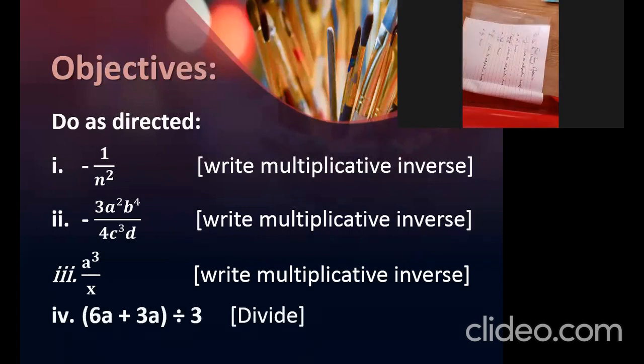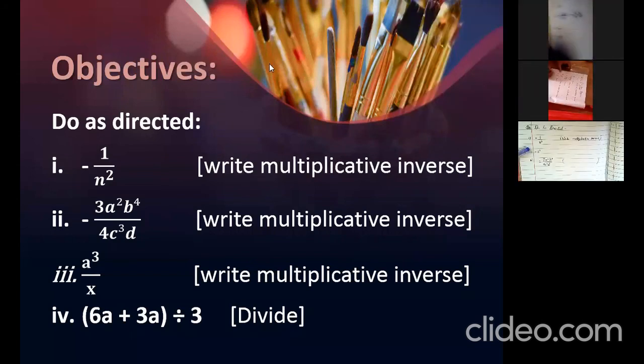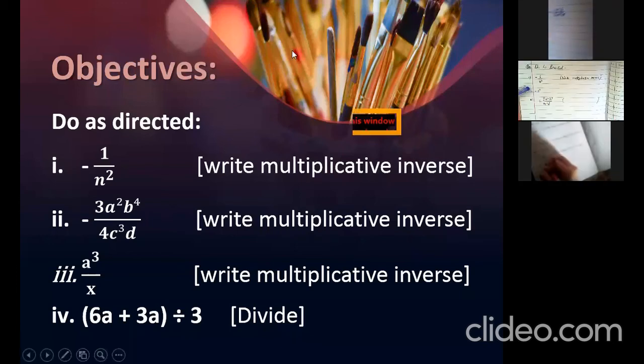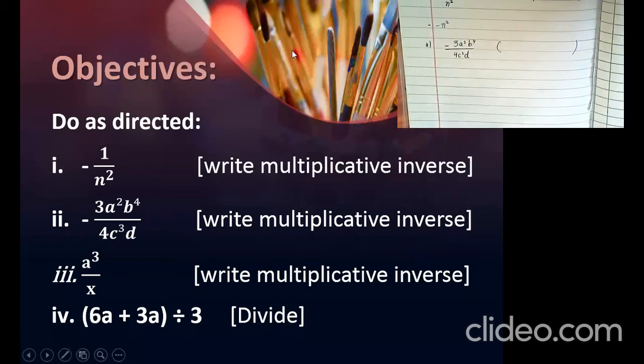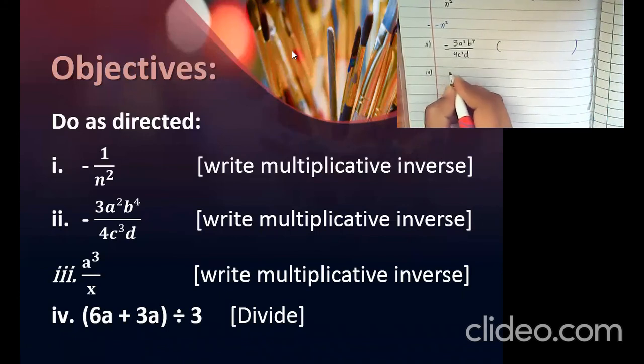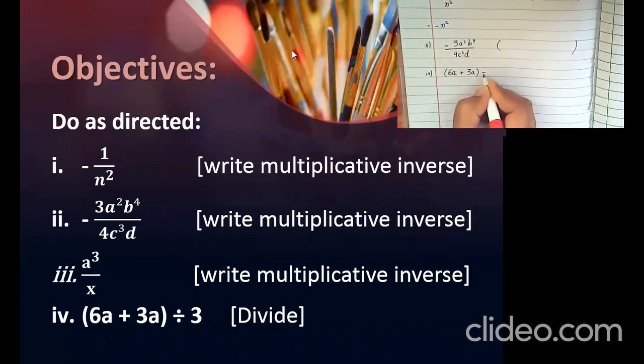Please write down the direct answer of it. Do not solve it. Just write down its direct answer. I'm repeating again and again. Do not solve it. Just copy it down and write down its direct answer. Just suppose here I'm going to write your bit number 4, which is 6a plus 3a divided by 3.